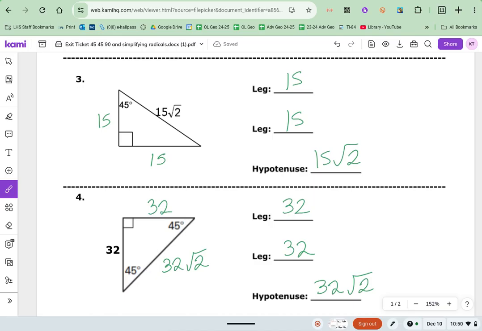Okay, so the rule for these triangles is that in a 45 triangle, these sides are x, and this side is x times the square root of 2. The hypotenuse is always going to be whatever this is times the square root of 2. It won't always have that number on it. Sometimes it gets canceled out by something else, which we'll see in a second.